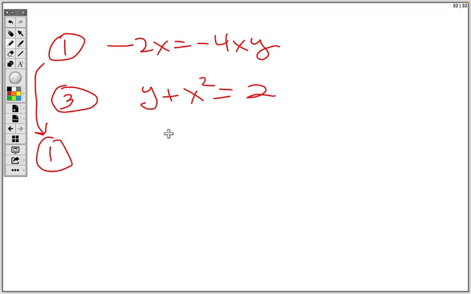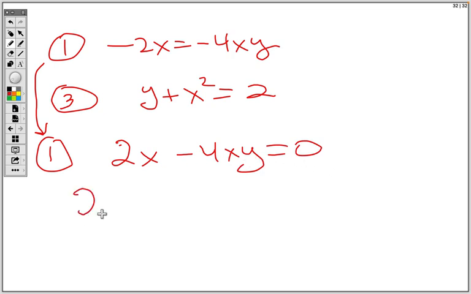Yep, we could add 2x to both sides. So we would get 2x minus 4xy is 0. And now we can factor. I can pull out a 2x from both. If I factor 2x out of the first term, I'm left with a 1. What am I left with if I factor 2x out of the second term?